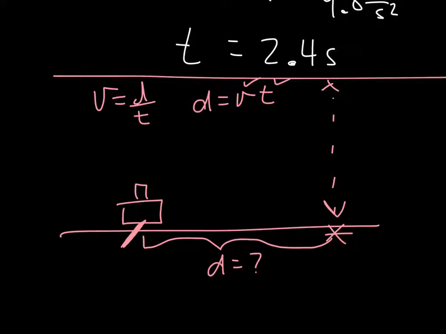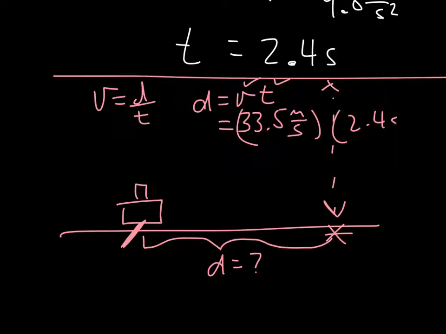The velocity is 33.5 meters per second times 2.4 seconds. Seconds cancel out, you're left with meters, and you have the answer of 80.4 meters.